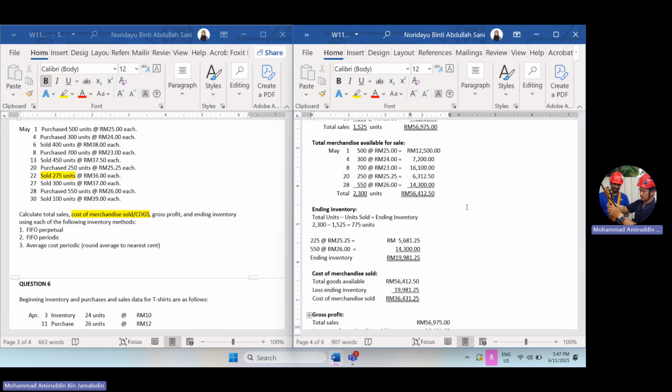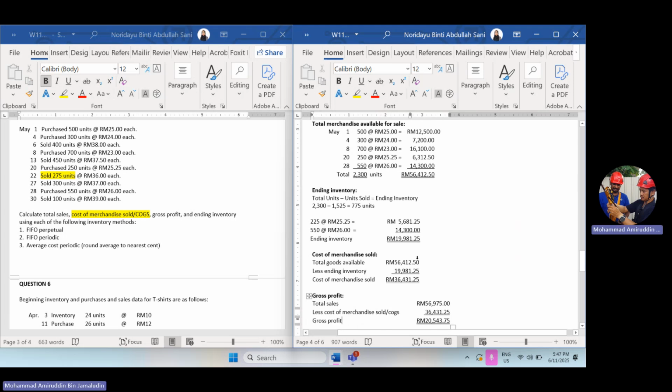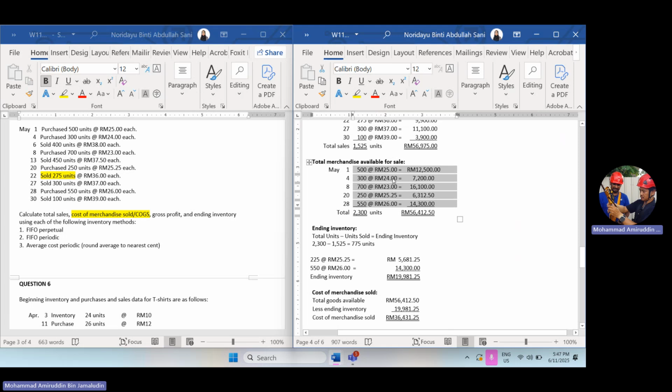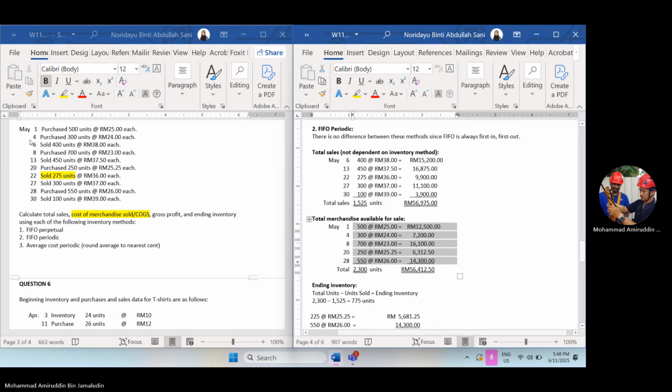Again? Which figures? Total goods available. This one from the question. This is total merchandise available for sale, meaning your purchases. So I take all the purchases, the unit multiply with the cost. That's it. For my sales, I just get my sales multiply selling price.